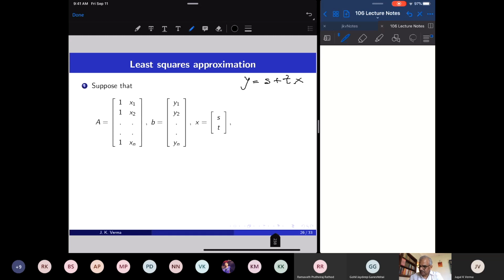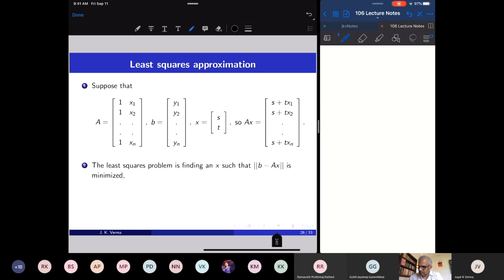You can multiply A with x and see that it is s plus tx1, s plus tx2, up to s plus txn. We would like s plus tx1 to be y1, s plus tx2 to be y2, and so on. But Ax may not be equal to b.